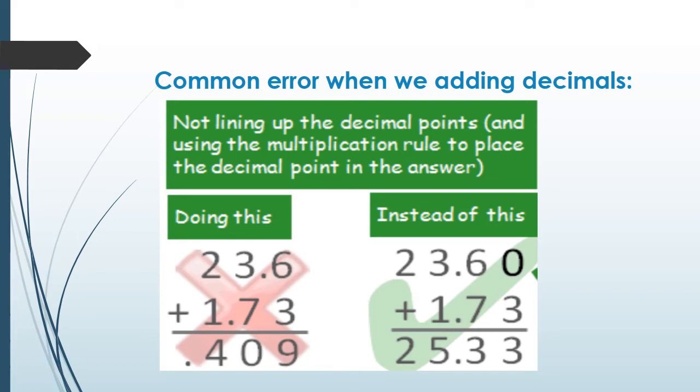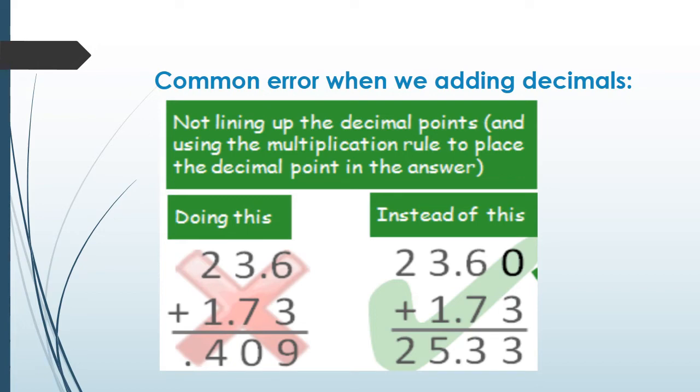The correct one is to put the decimal point below the decimal point. Take care about the place value of the numbers, like 23.6, 1.73. In the hundredths place up, we don't have any number, so we add 0 like we said.